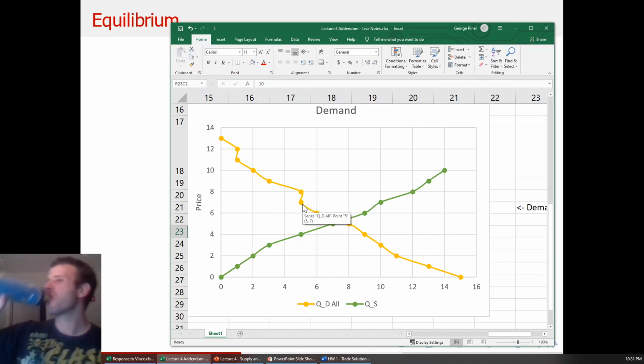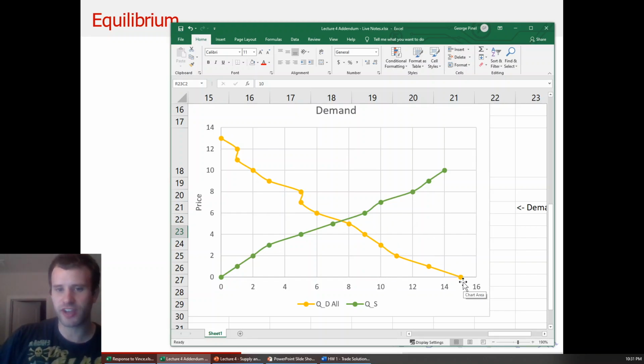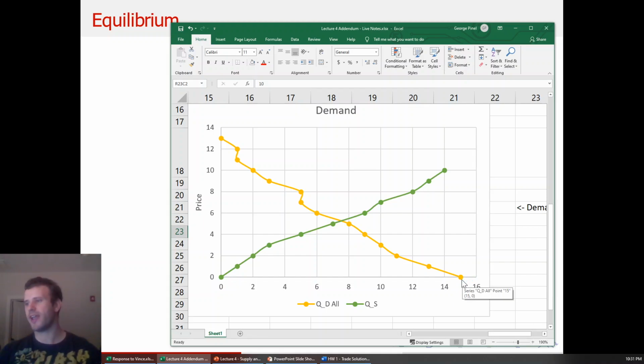So on the left side of the demand equation, you have the people who want it the most, and on the right, you have the people who want it the least, right? This guy isn't willing to pay anything for the last hot dog. So nobody's willing to pay anything for a 15th hot dog in the market. It has no value, okay?